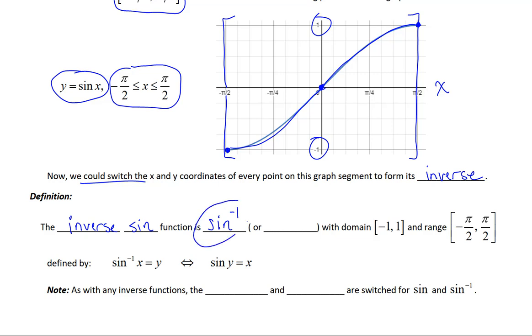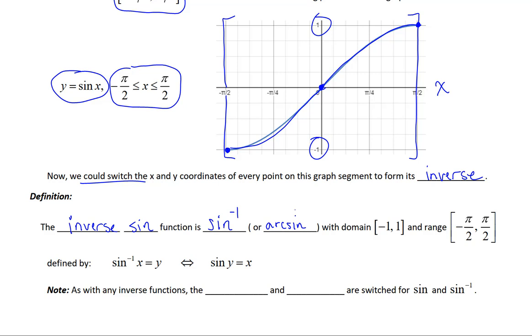So it's called sine inverse, and it looks like a sine to a negative 1 power. Or another way to say the same thing would be, instead of sine inverse, you could also call it arcsine. That's just another name for the exact same thing.